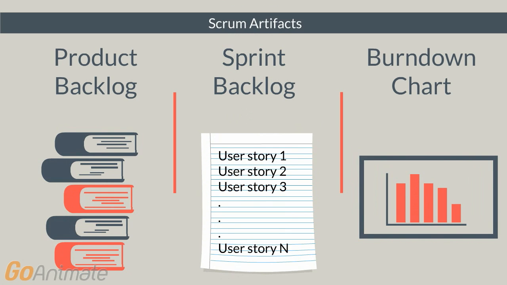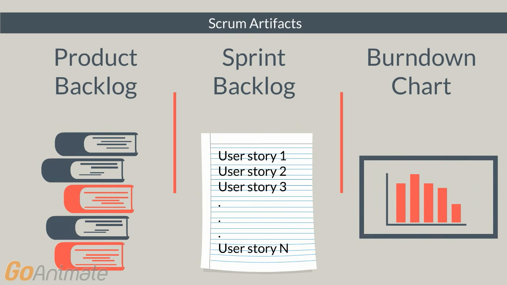Before each sprint, during the sprint planning meeting, the team decides what goes from the product backlog to the sprint backlog. And these are the tasks that the team has committed to complete during this sprint. And lastly, the burn down charts. These are charts that show the team progress throughout the sprint. They are updated by the Scrum Master on the daily stand-up meetings.